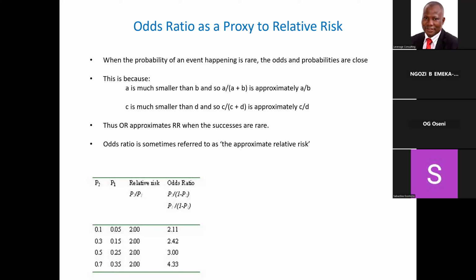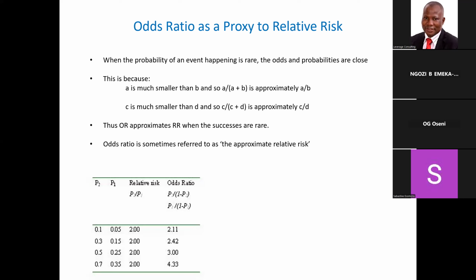The P2 is the probability, the risk, in population 2. P1 is the risk in population 1. So relative risk will be P2 over P1.